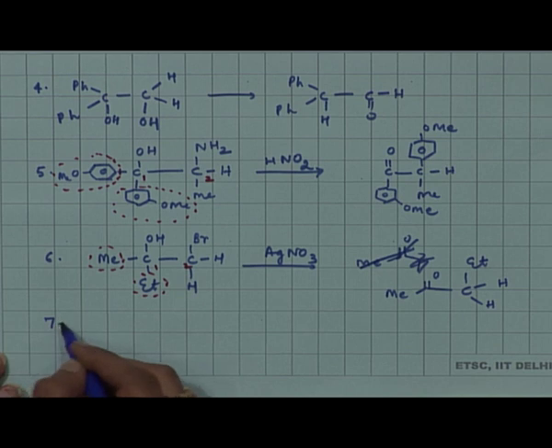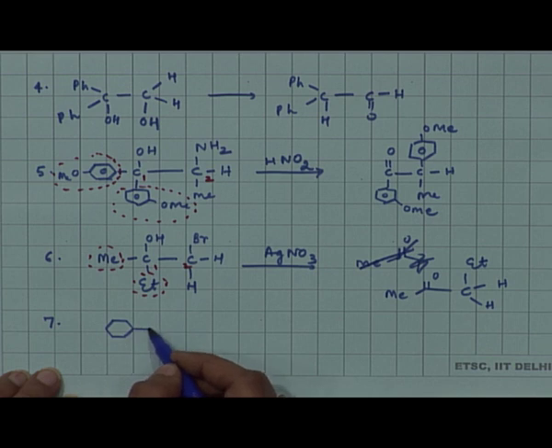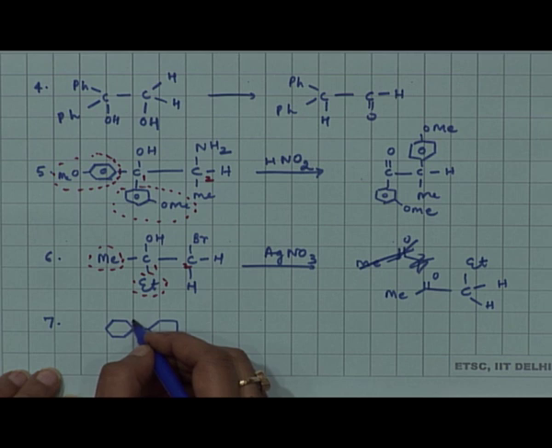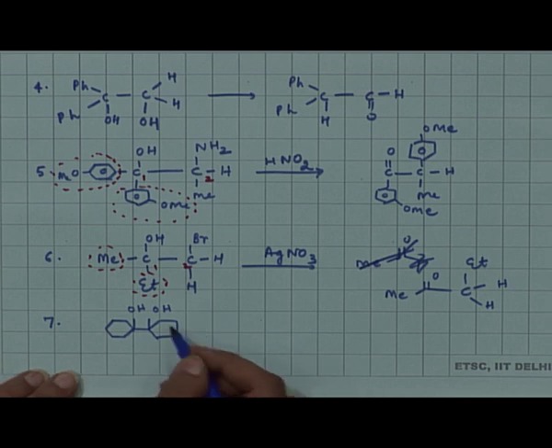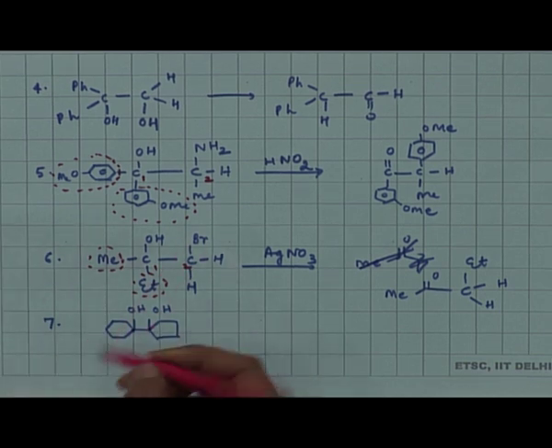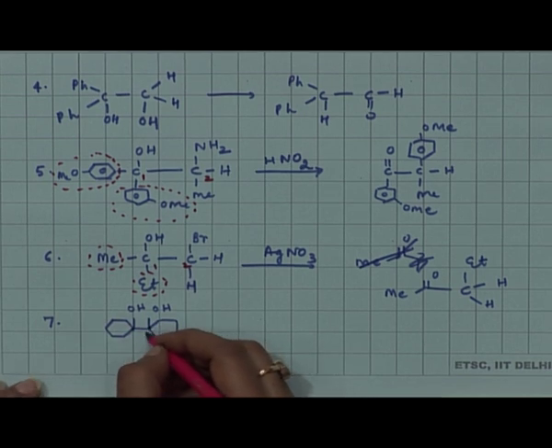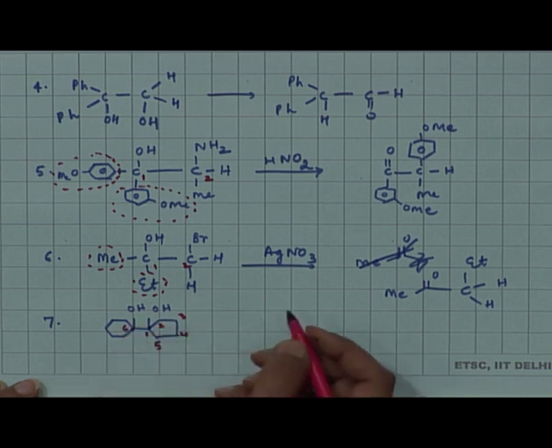Okay. Another example, if you take a cyclic diol. Now, this is interesting, just look at it carefully. If you take a cyclic diol like this, again this is a pinacol, both are tertiary, right. For your convenience, I just number this 1, 2, 3, 4, 5 and 6.